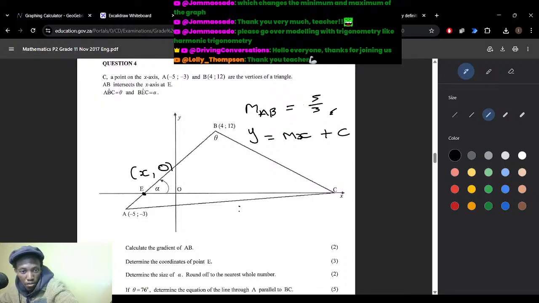So 0 is equal to our gradient, which is 5 over 3, multiplied by x, plus c, right?